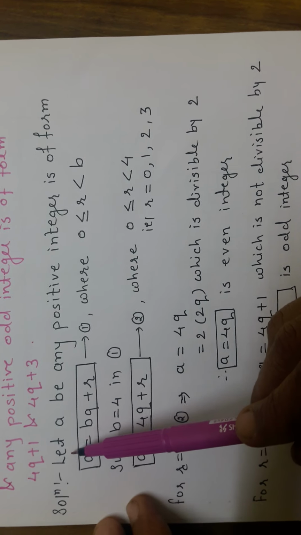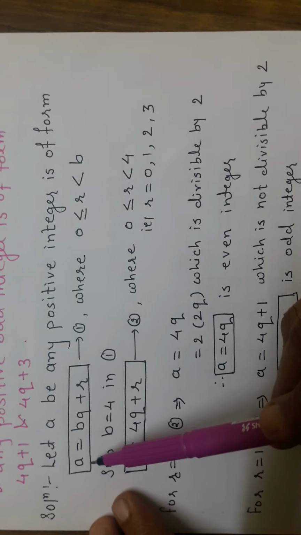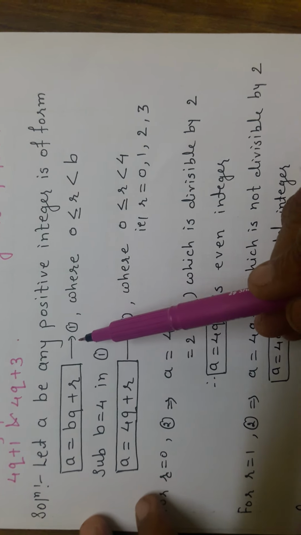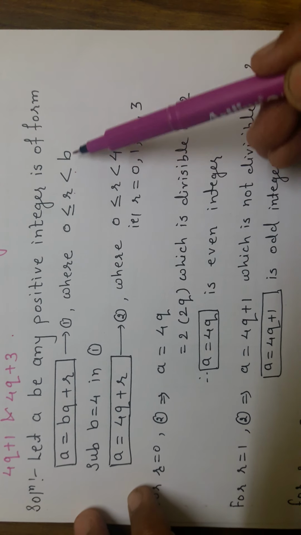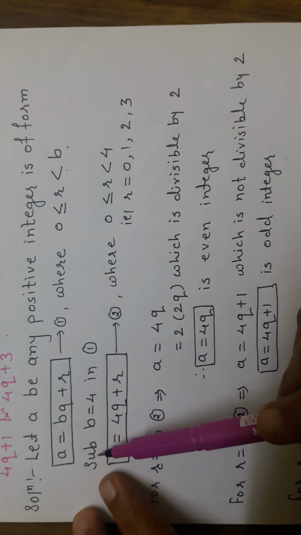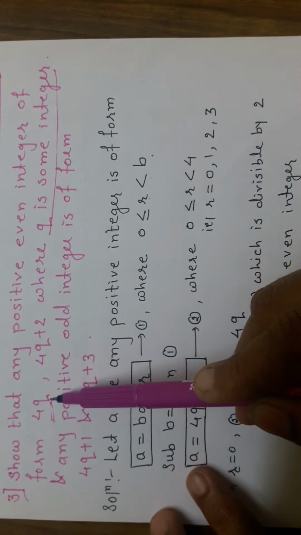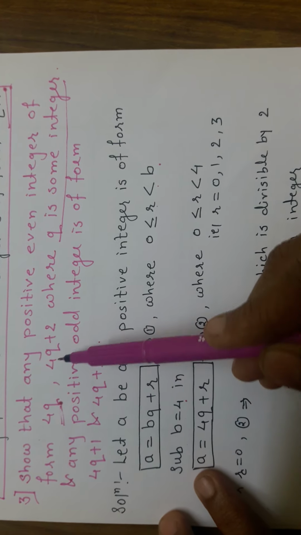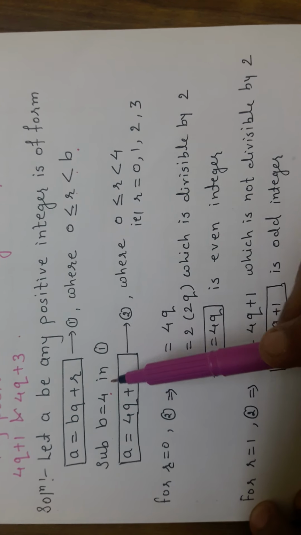In the same way we have to follow the method. Let a be any positive integer of the form a is equal to bq plus r. We will call this equation 1, where r is greater than or equal to 0, strictly less than b. Here we will substitute b is equal to 4. Why? Because here we have to show that it is of the form 4q and 4q plus 2. So the value of b is nothing but 4.